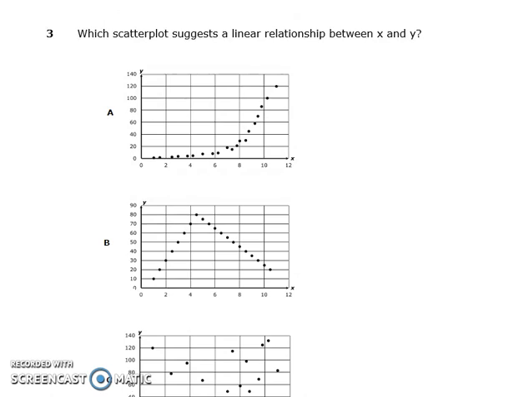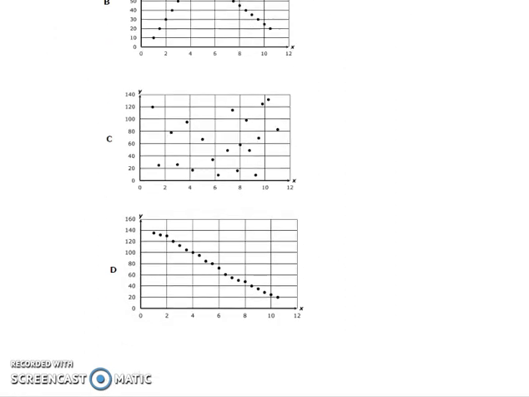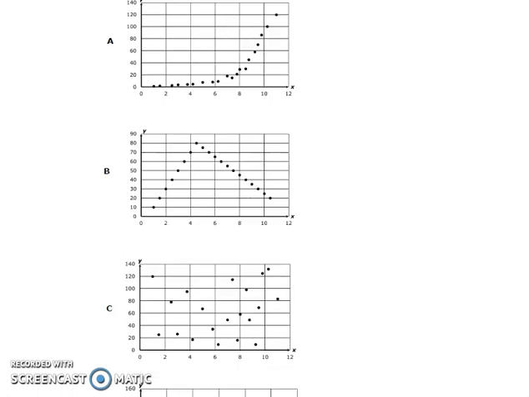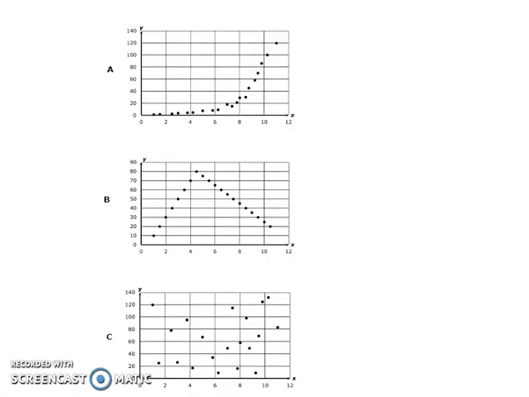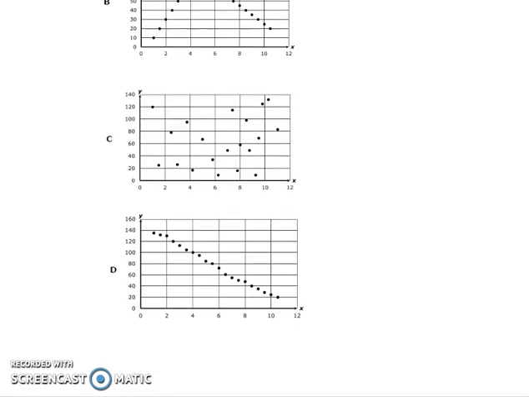Number 3. Which scatter plot suggests a linear relationship between x and y? A, B, C, or D?